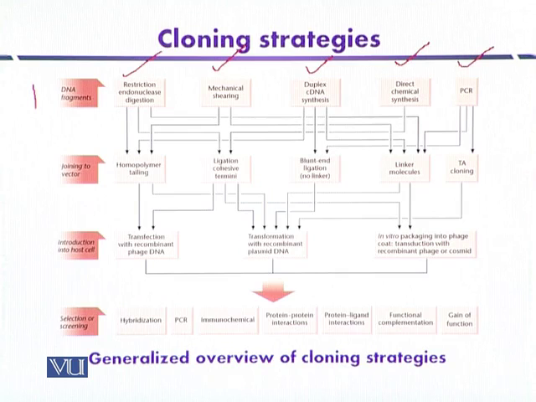And these arrows indicate the suitable joining vector or technique. In the second step, DNA fragments can be joined by homopolymeric tailing. Then if the source DNA has been digested with restriction enzymes, then it can also be ligated by the production of cohesive ends, as you are well aware.